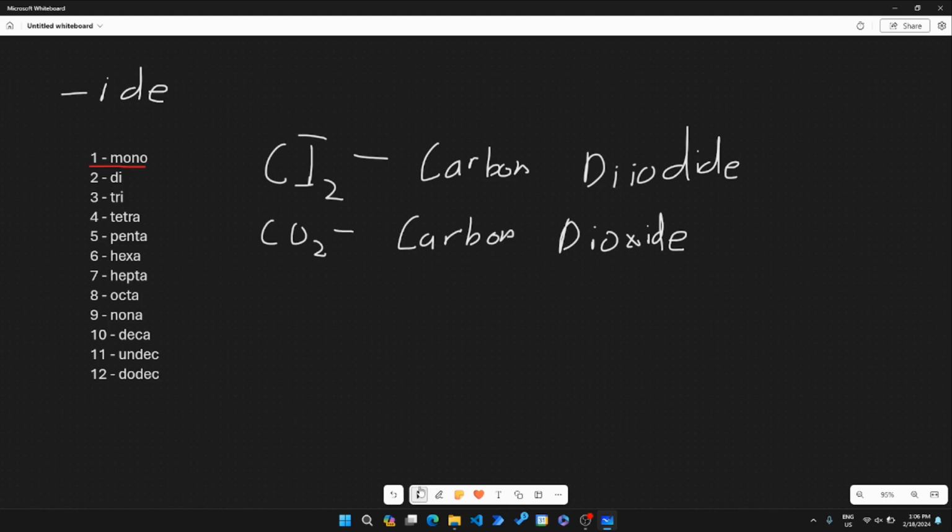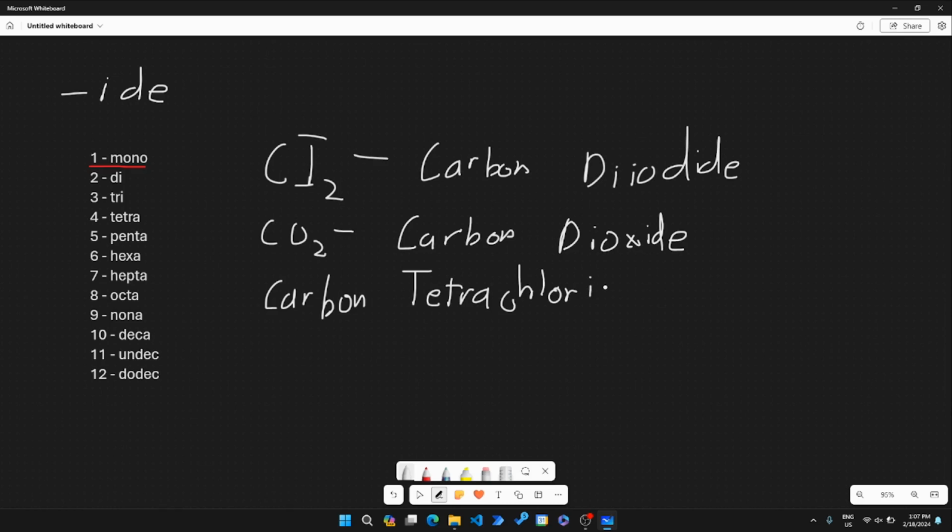Of course, going from naming to actual formula is also really easy in this way of naming things. So carbon tetrachloride, for example: since there's no prefix in front of the carbon, we know there's only one.